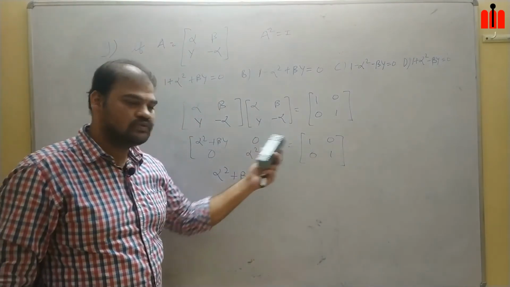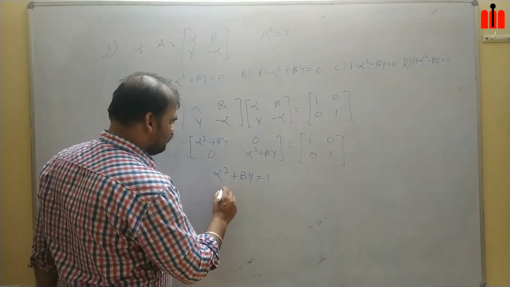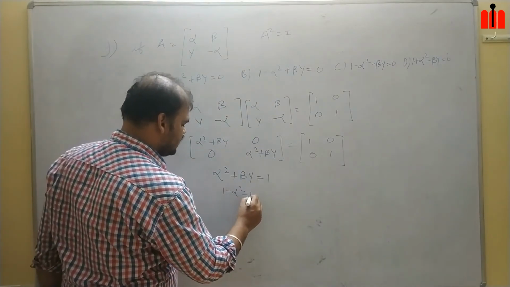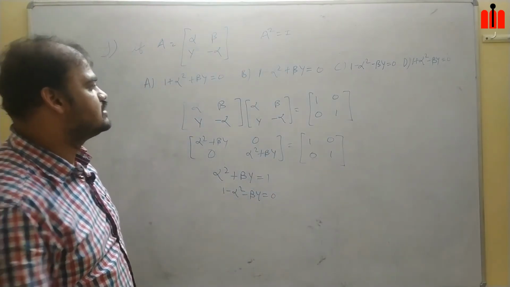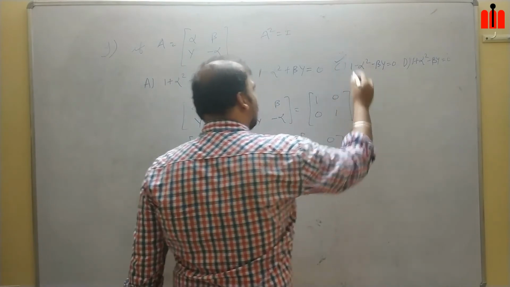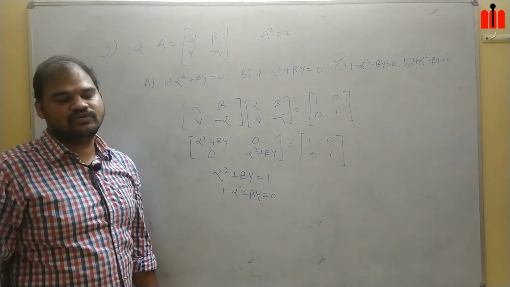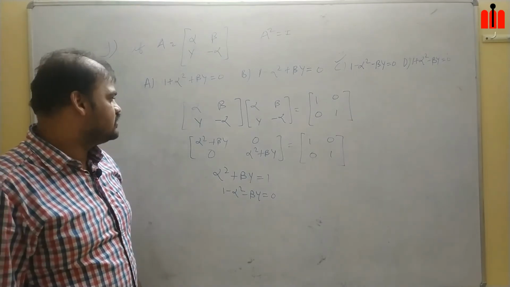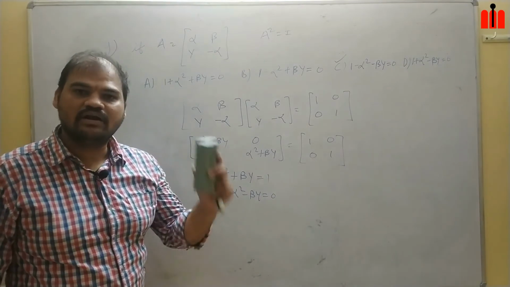Just compare these two matrices. So you will get 1 minus alpha square minus beta gamma equal to 0. So this is option C. Okay. This completes problem number 9.